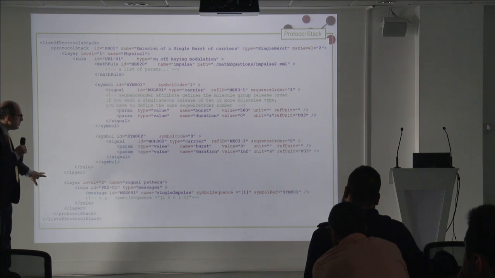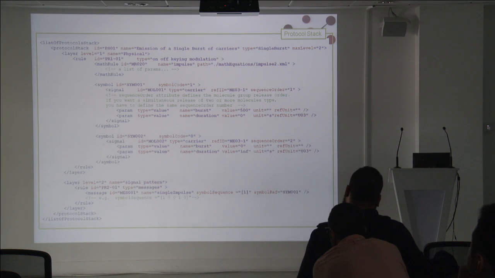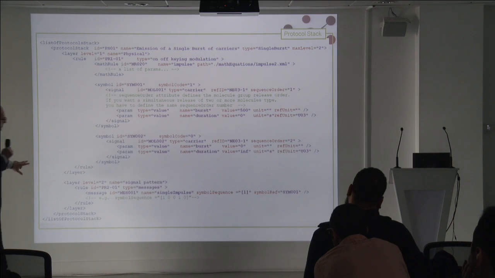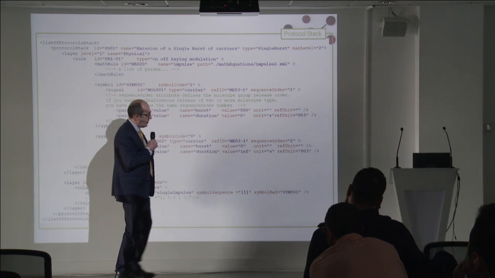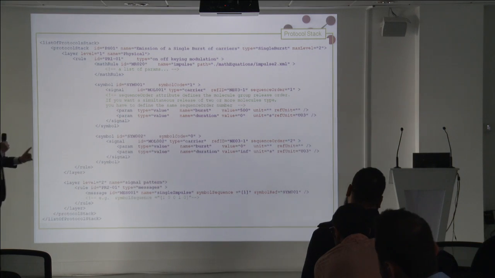At level 2, we describe an example of interaction rule. In this case, we can see that the sequence of symbols is just one symbol, symbol 1, just an example.